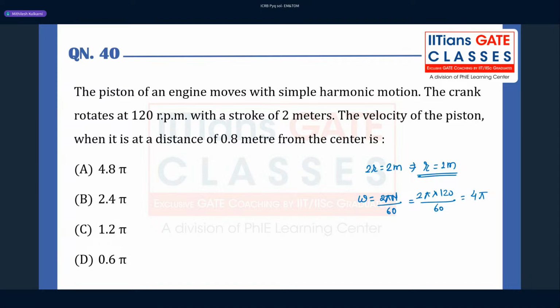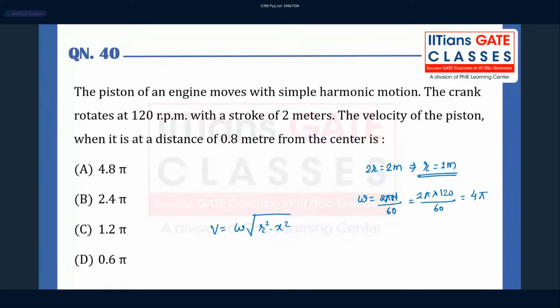And we also know that the velocity of the piston is given by the formula omega under root of r square minus x square, where r denotes the crank radius and x denotes the distance of the piston from its center.